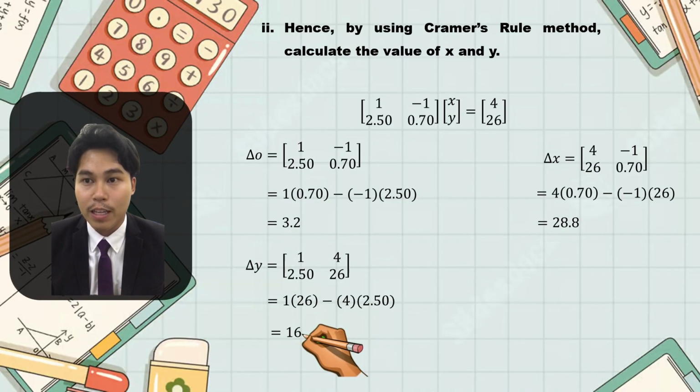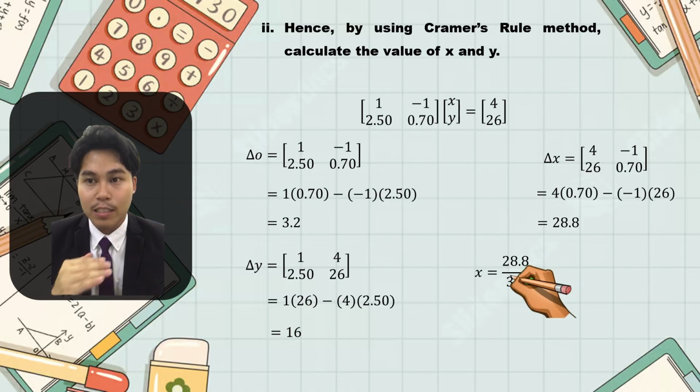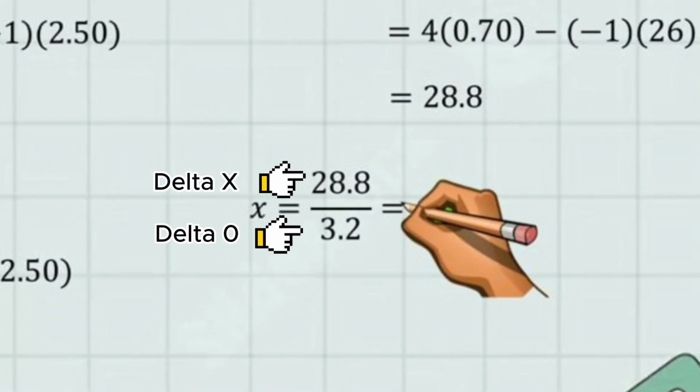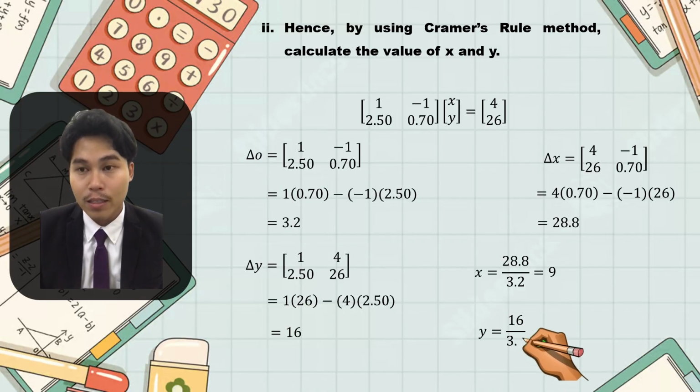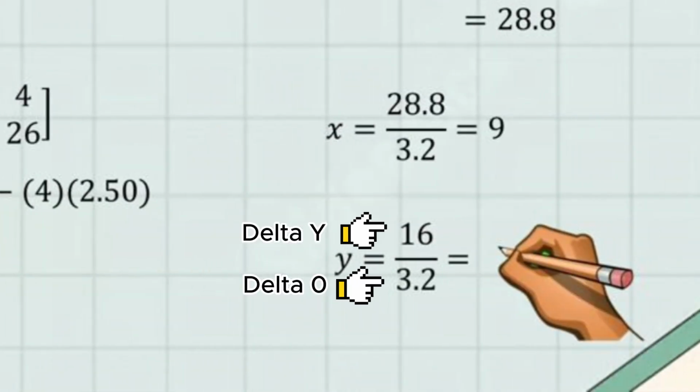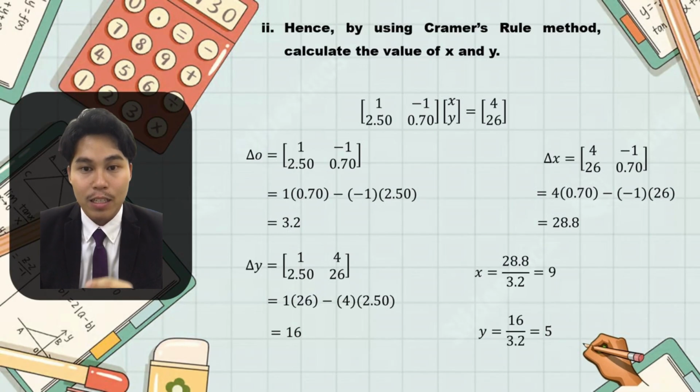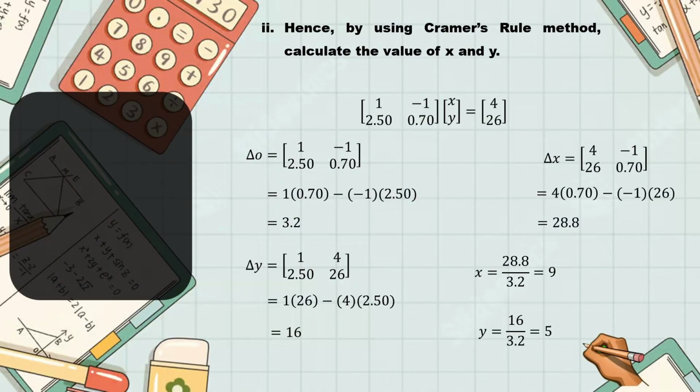First, we take delta x, divide by delta, and we will get the calculation and answer for x. Same goes for y: we take delta y and divide by delta, and we also get the calculation and result for y.